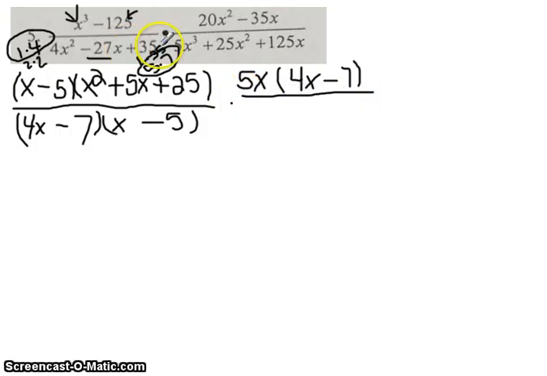And then we need to factor the bottom. I've got a 5x cubed, a 25x squared, and a 125. So the lowest common factor between all of those is a 5 and an x. 5x times what will give me 5x cubed? Well, x squared.